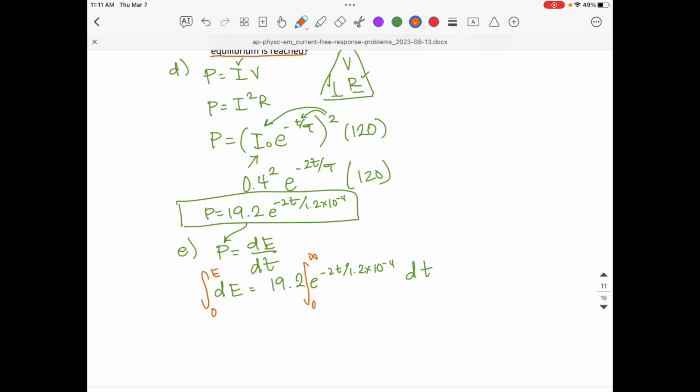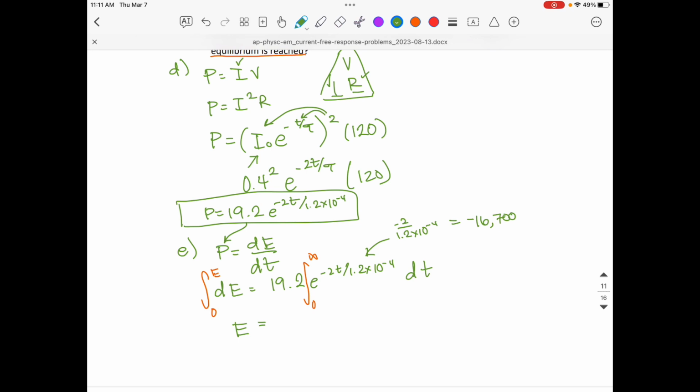Obviously, the left side just simplifies down to the energy. And I am going to actually simplify -2 over 1.2 times 10 to the -4. It just makes things easier. That gives -16,700.